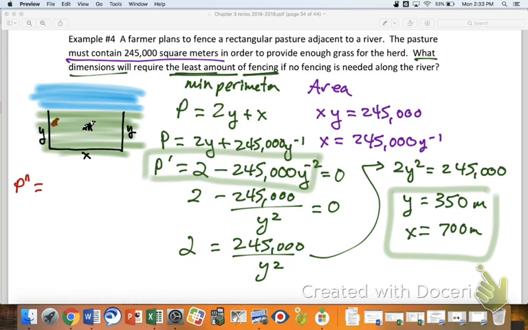Then it would be positive, because a negative times a negative is a positive, 490,000 y to the negative 3. All I would have to do is take that 350 and plug it in. P double prime of 350 would just be 490,000 over 350 cubed.